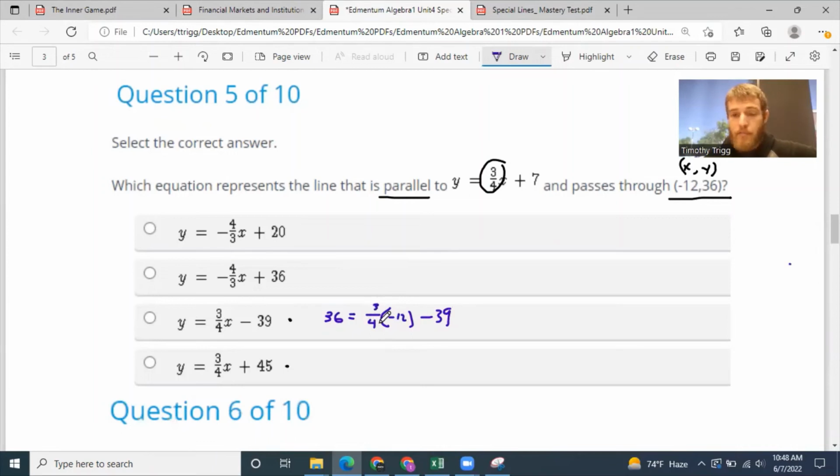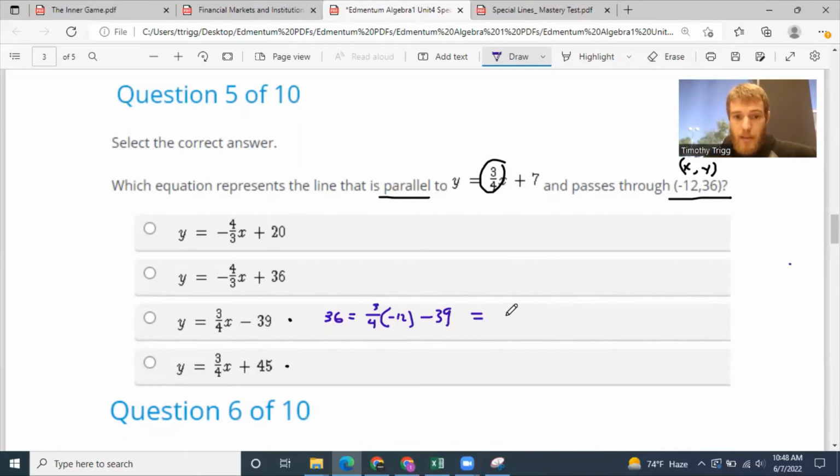So how do we multiply a fraction times a whole number? Well, remember, you multiply the whole number times the top of the fraction, so times the numerator, then divide by the bottom. So negative 12 times 3 in this case, that gives me negative 36. Divided by 4 gives me negative 9.